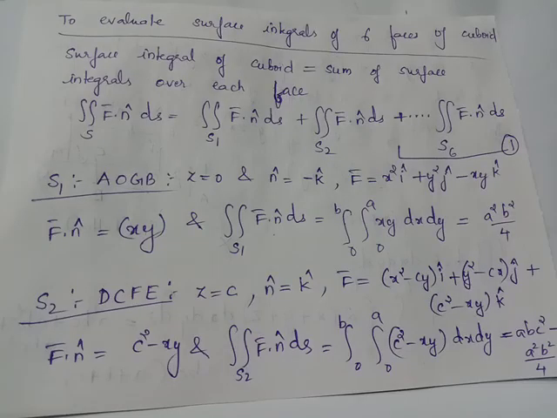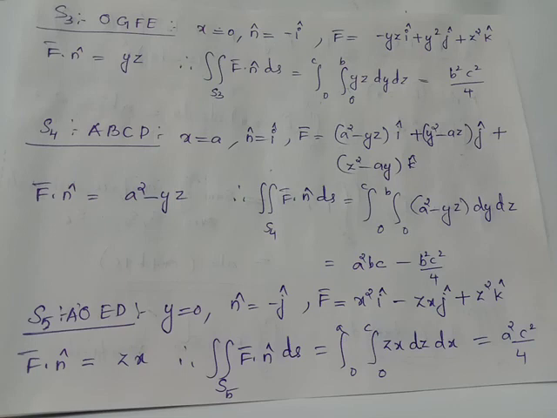Notice that when you consider the surface integral along S1 and S2, ds is equated to dx dy. This is because these two surfaces S1 and S2 lie in the xy plane. Similarly, when you consider surfaces S3 and S4, ds is equated to dy dz because S3 and S4 lie in the yz plane.